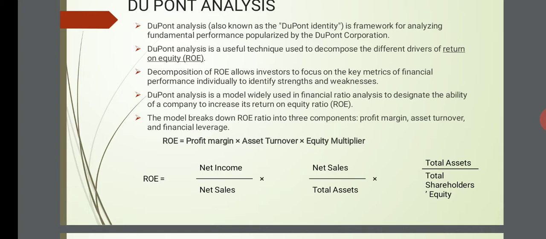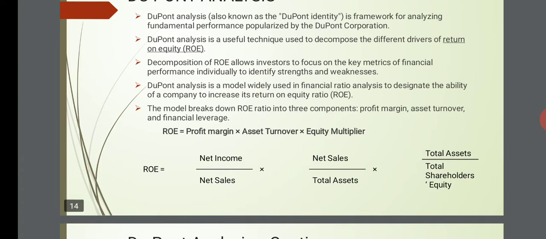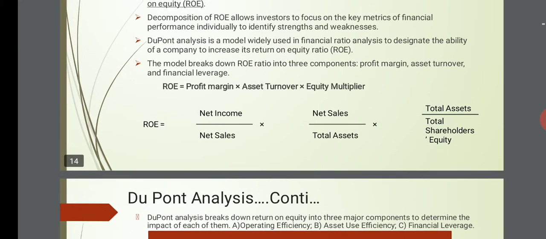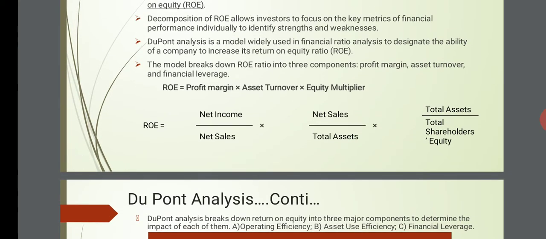The model breaks down ROE into three components: profit margin, asset turnover, and leverage. So profit margin, asset turnover, and equity multiplier or leverage. ROE is net profit upon total shareholders equity.